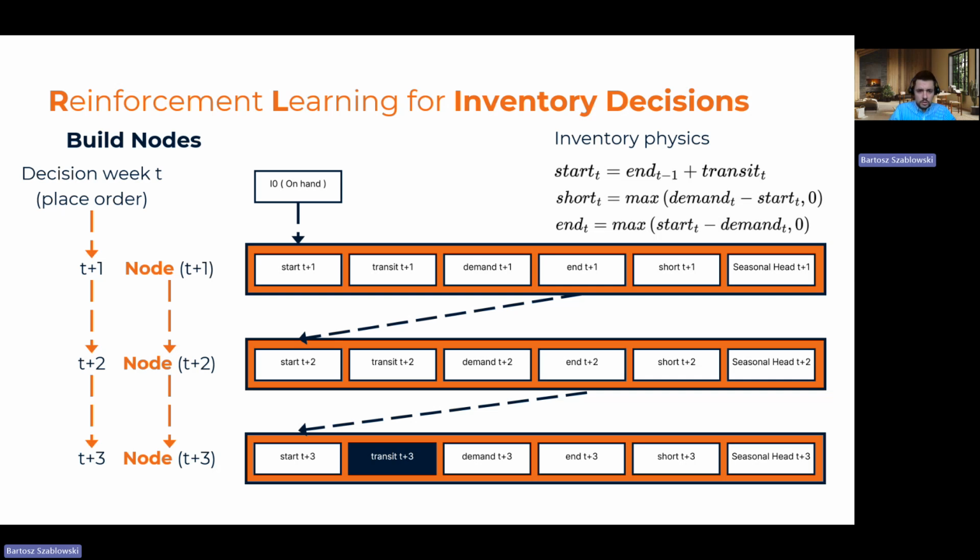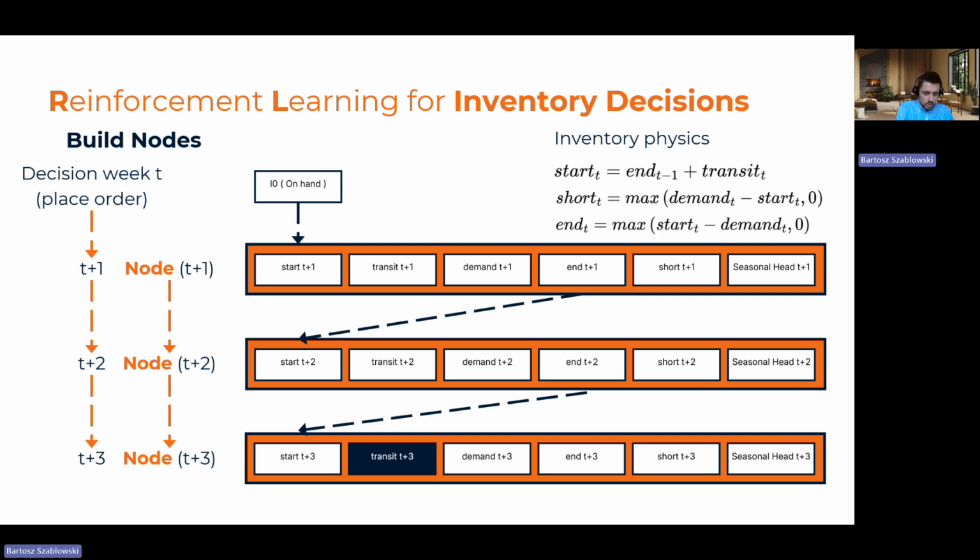Also, I don't have all information about these weeks. Often I rely only on the forecast, and I also need to let the network learn how much uncertainty comes from the forecast error, because the larger the forecast error is, the larger the buffer should probably be. I have 3 nodes because my decision horizon covers 3 future weeks.